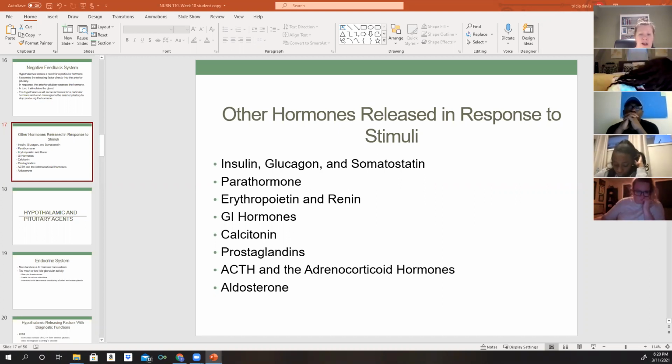We have activation of the sympathetic nervous system, which is going to directly cause the release of that ACTH and the adrenocorticoid hormones to prepare that body for that fight or flight. And then we have aldosterone, which is an adrenocorticoid hormone, which is going to be released in response to the ACTH, but it is also directly released in response to our body having high potassium levels.